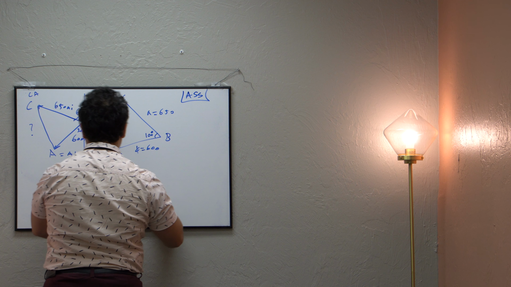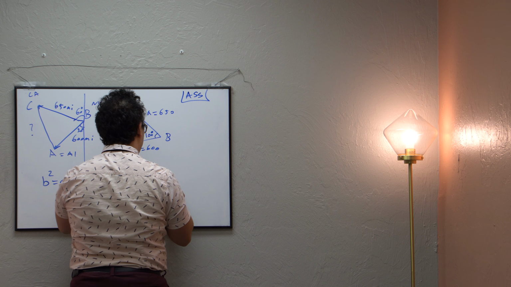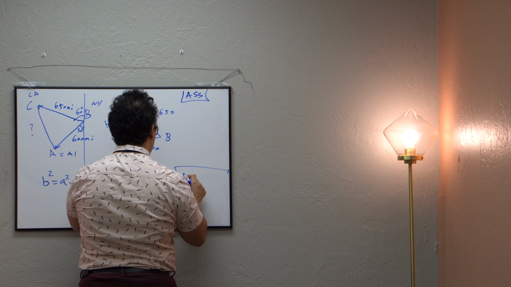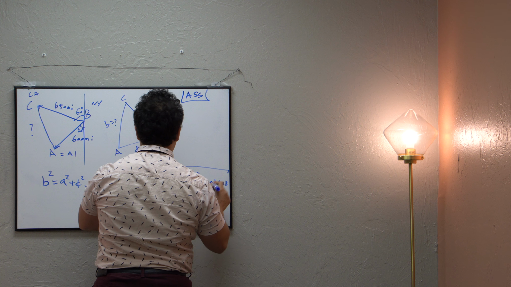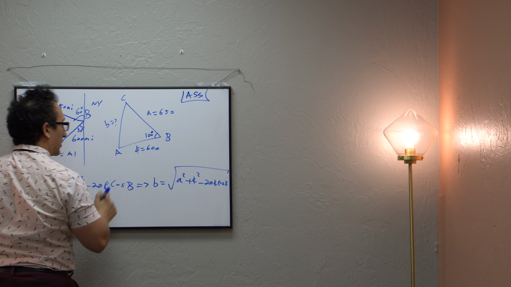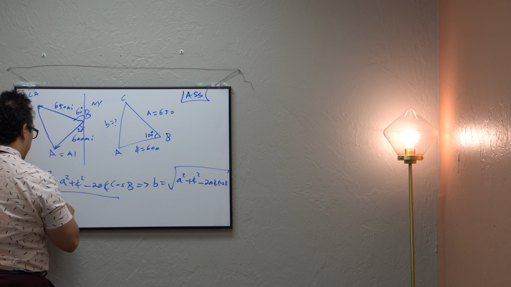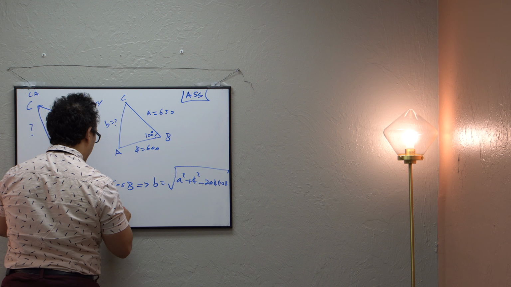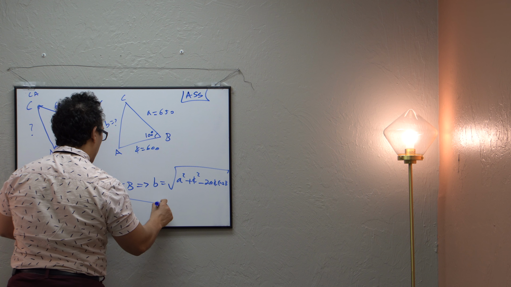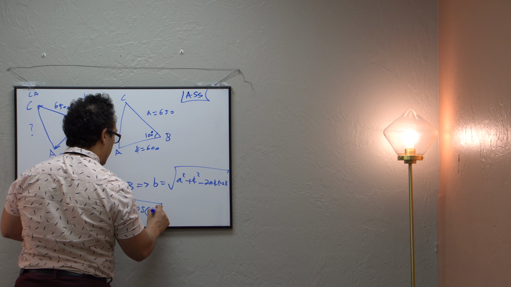So really what I want to do is, instead of doing that, take the square root of both sides. I get b is equal to the square root of a squared plus c squared minus 2ac cosine of B. And I know what cosine of B is. B is 100. So little b is going to be equal to the square root of little a squared, that's 650 squared, plus little c squared, that's 600 squared, minus 2 times 600 times 650 times the cosine of 100 degrees.